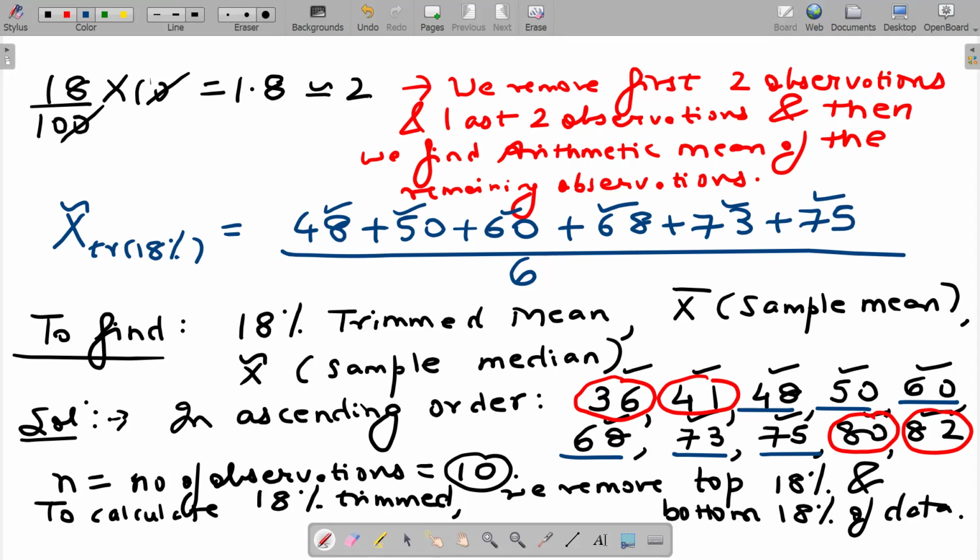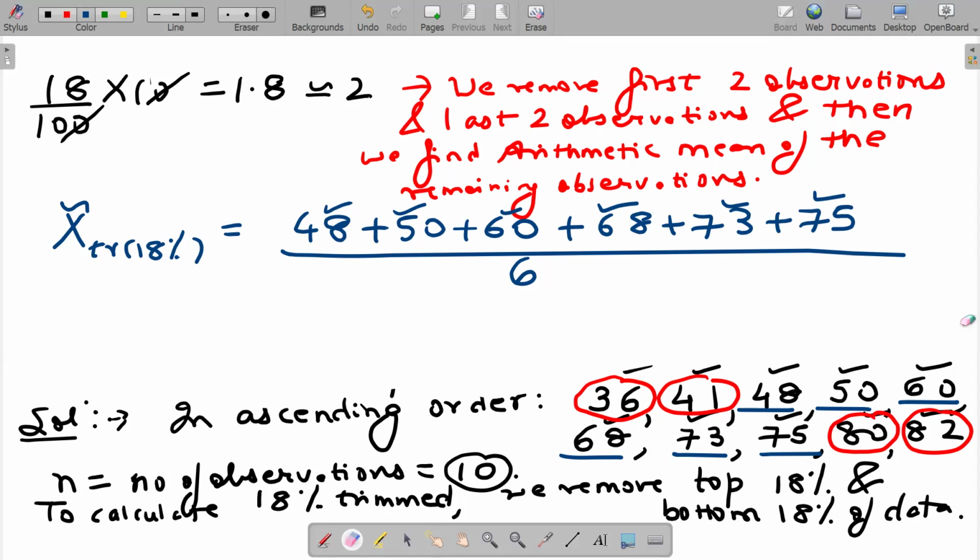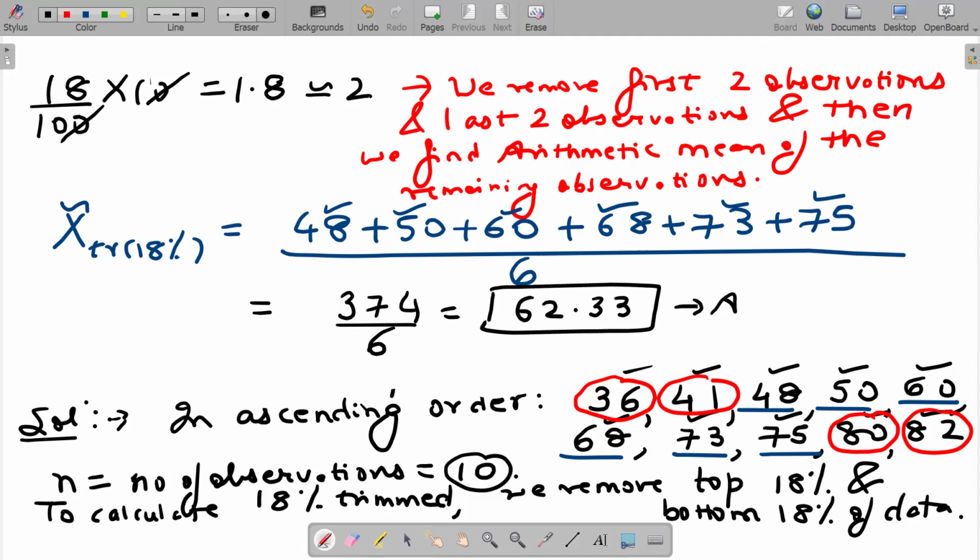If I find the answer to this, for which let me erase some portions of the numerator, if I sum it up, it comes out as how much? 48 plus 50 plus 60 plus 68 plus 73 plus 75 comes out as 374 in the numerator over 6, which comes out as 62.33. This is my answer for the trimmed mean, X tilde trimmed mean at 18%.